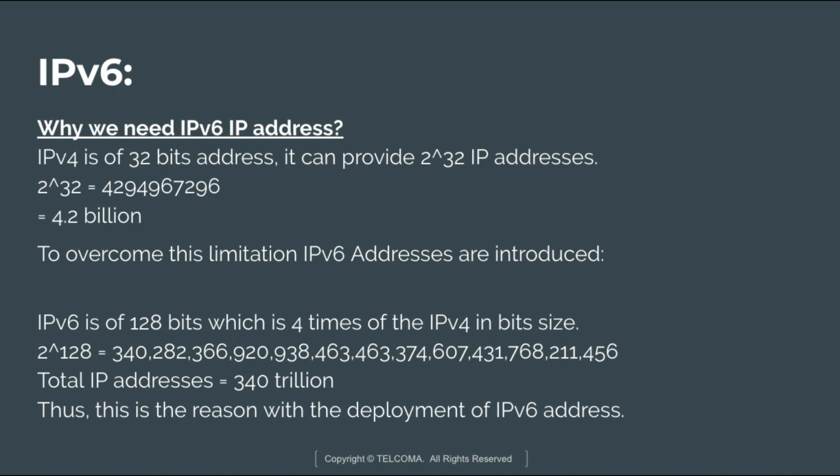IPv6 addresses are 128 bits long, that means they are 4 times larger than IPv4 addresses. So 2 raised to power 128 means the total is 340 trillion trillion trillion IP addresses. This is the very big reason to deploy IPv6 addresses in the network to meet the future demand.